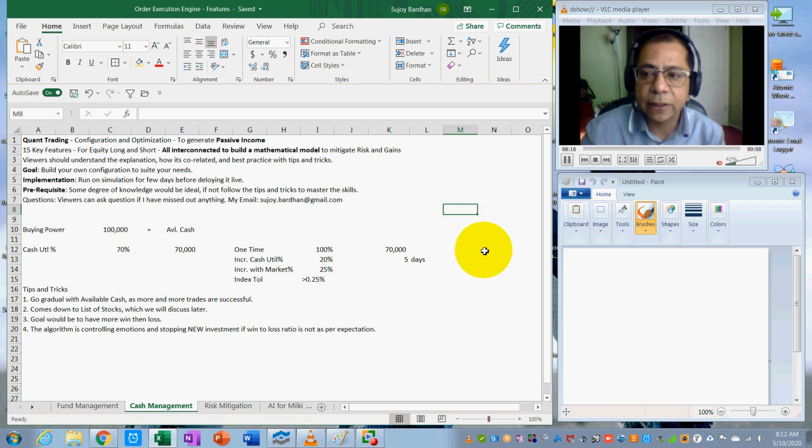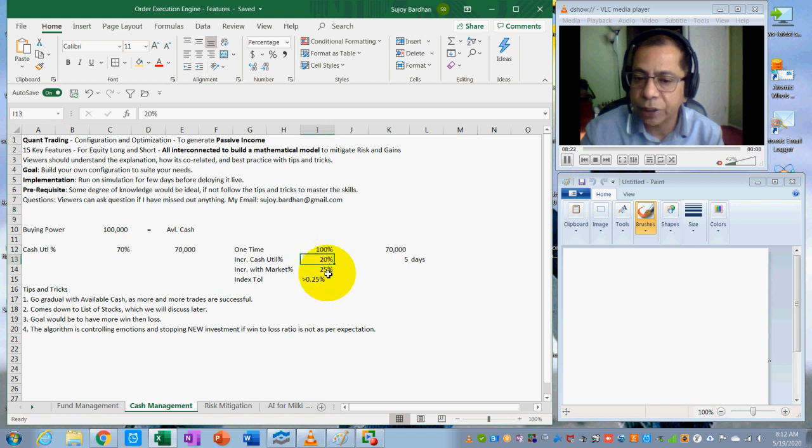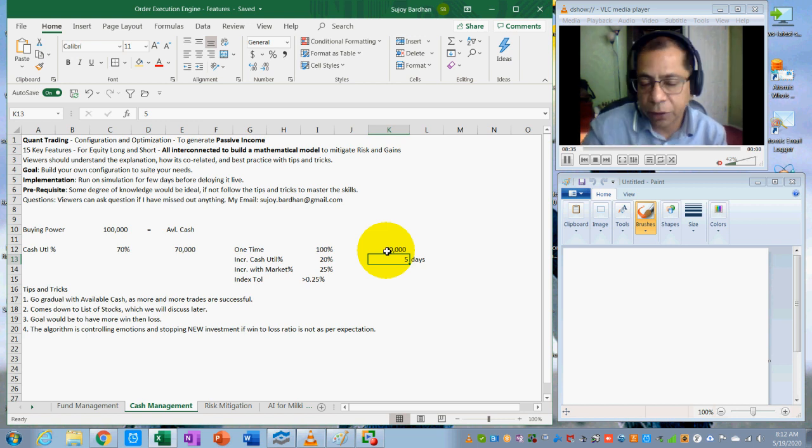The second way of configuring is, you can tell the algorithm that, okay, I want to use 20% of cash every day. That means it's going to take 5 days to exhaust your 70,000. There is a saying, right? You don't want to put all your eggs in one basket.